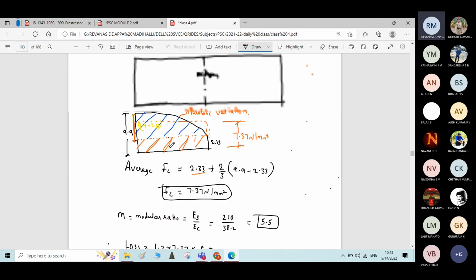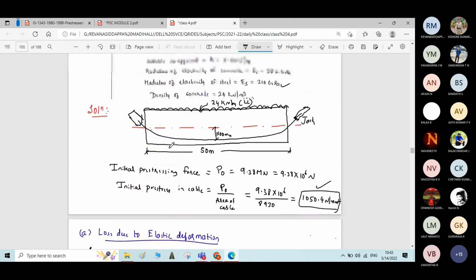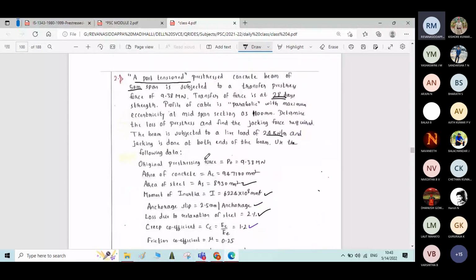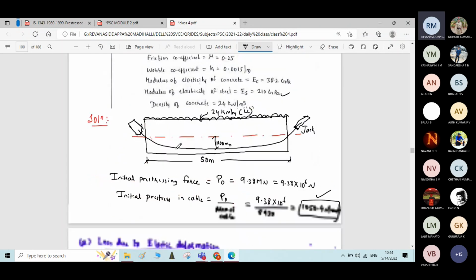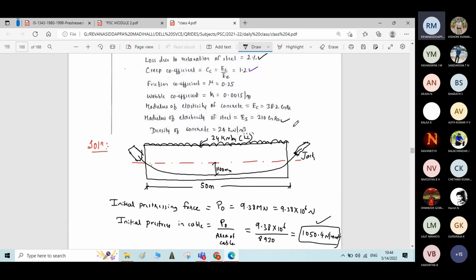It is given in the problem, correct? Amount of slip, how much is it given? It is given as 2.5 millimeter per anchorage. For one anchorage, on one side, 2.5 millimeter is the slip.